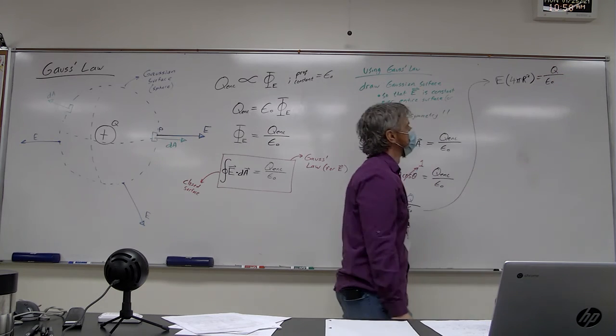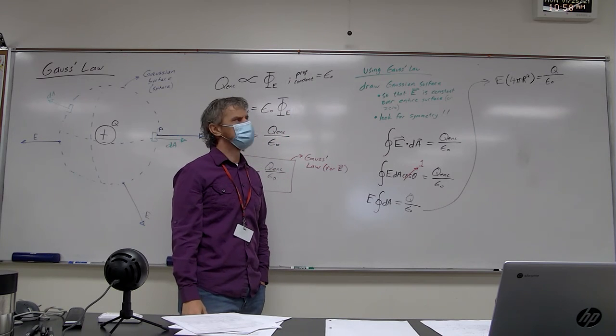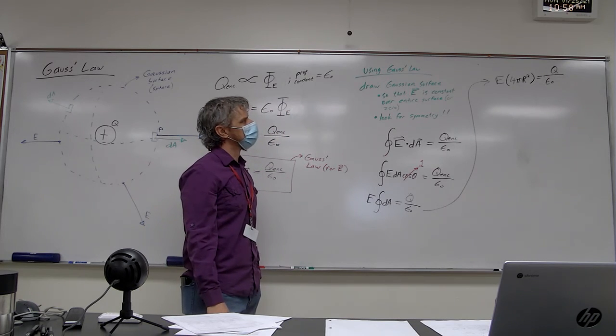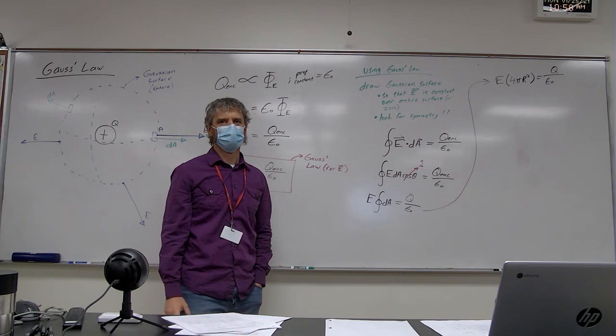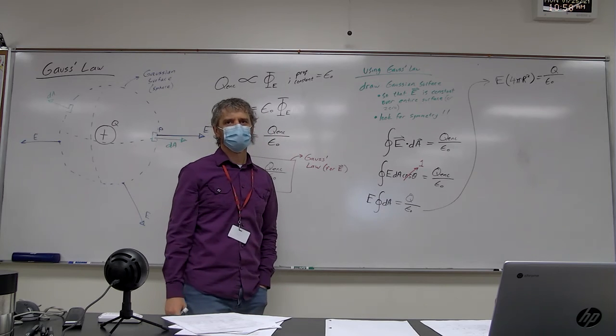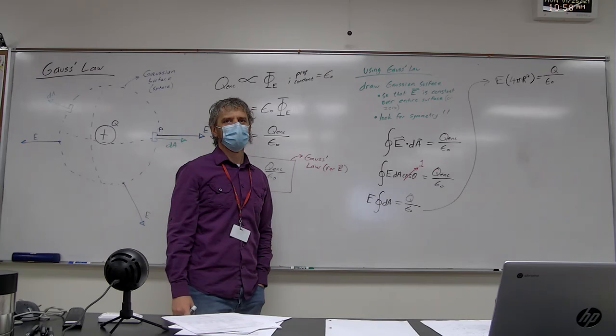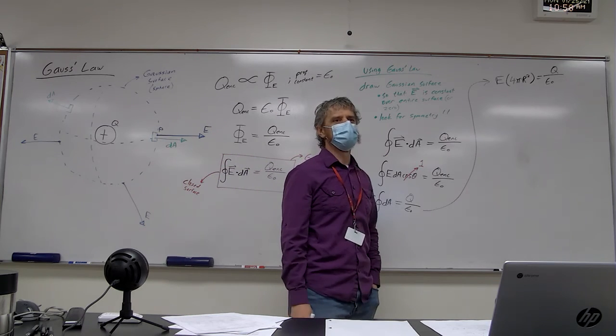Wait, is the antiderivative of 4 pi r squared 4/3 pi r cubed? The integral of 4 pi r squared is 4/3 pi r cubed. So you integrate all the stuff inside, put it together, so the integral of the surface area is the volume.